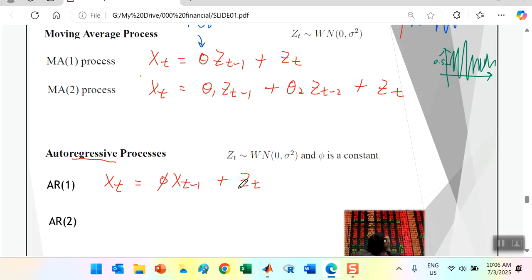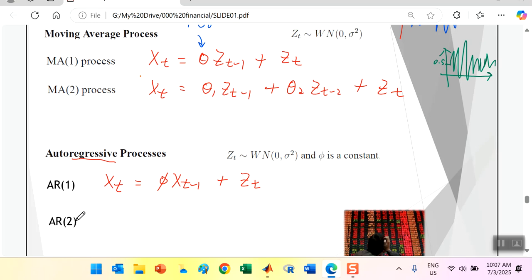And the noise is something that we do not know the cause and the reason of the fluctuation up and down. So we just put ZT to include all the possible factors or impact that influence the XT.